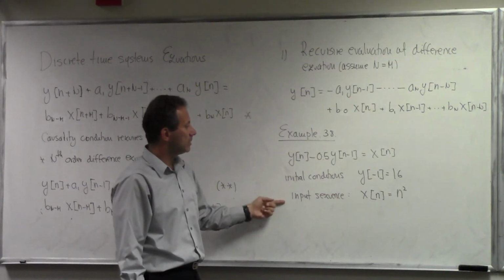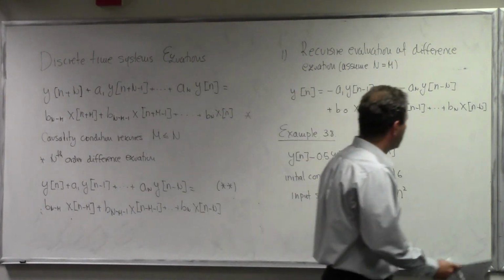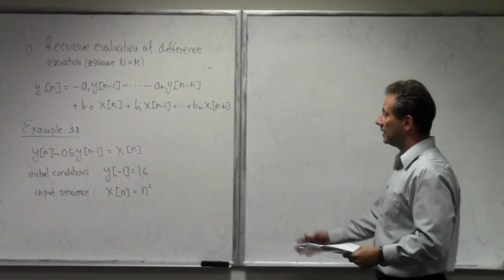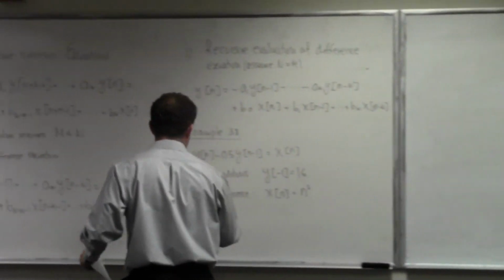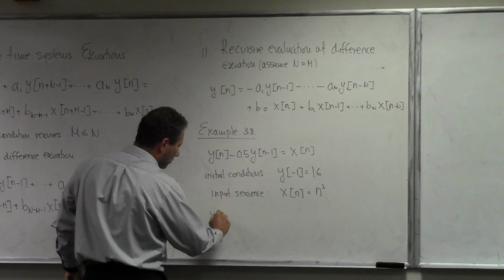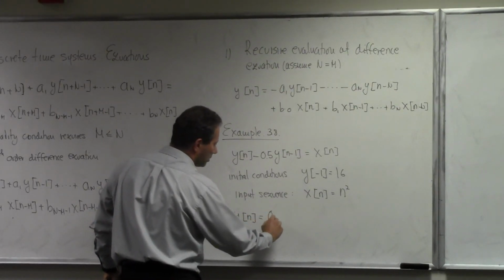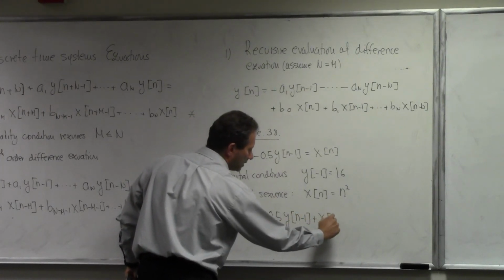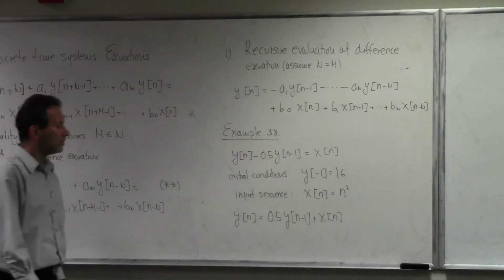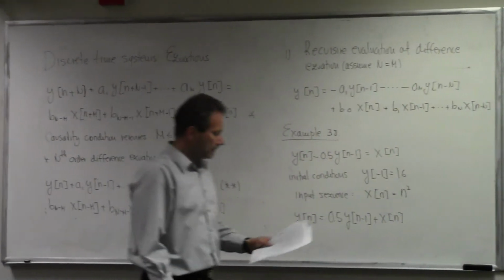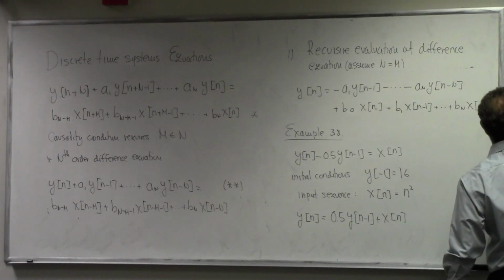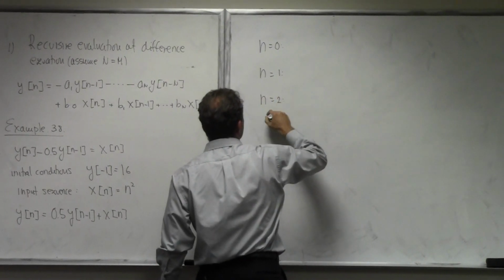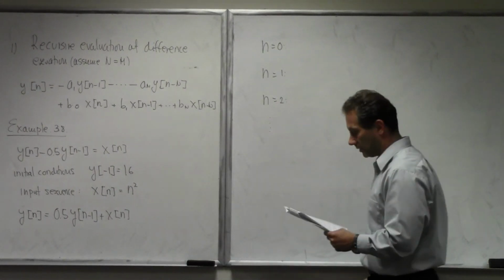All I need to do is set up a little piece of code that does this evaluation. Or, as I'm on the board right now, I can do at least the first couple of terms manually. What you usually do is say y at the current sample is equal to 0.5 times y of the previous sample plus whatever is the next sample of the input. So you put the equation in what we call recursive form, and then you let the clock tick. This is n equals 0, n equals 1, n equals 2, and so on. You can keep on doing this evaluation.